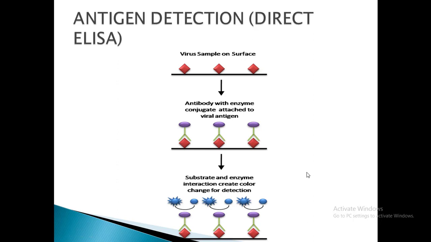Now there is a shortcoming of direct ELISA, that when the antigen of interest that we want to detect is in very low quantity, then what will happen? Then there are chances that it might get undetected, because for binding on the surface of microtiter plate, the various other proteins will compete with this protein of our interest.